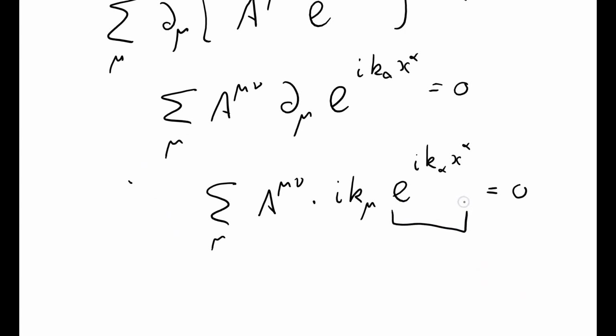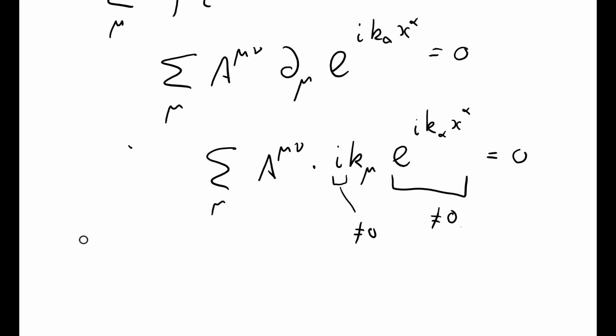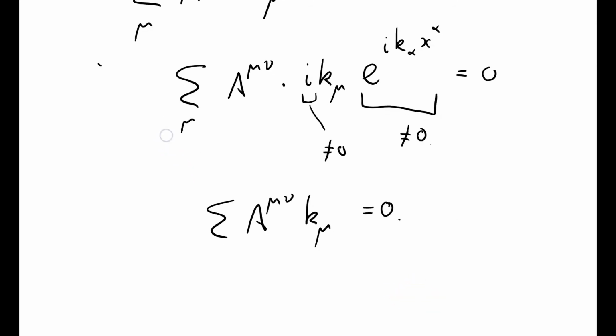This thing here, and come to think of it, that i there, is never equal to 0, and this thing here is never equal to 0 because the modulus of it equals 1. So that tells me that the sum of A^μν k_μ equals 0. I'm going to use the Einstein summation convention again and just write that down equal to 0.